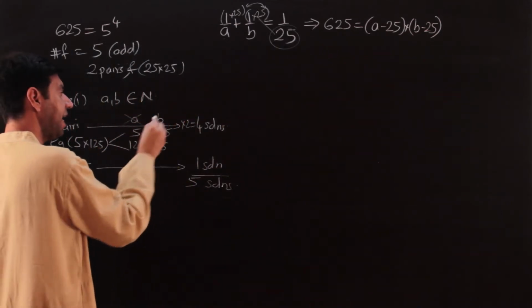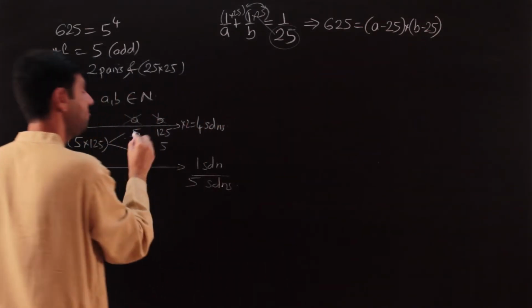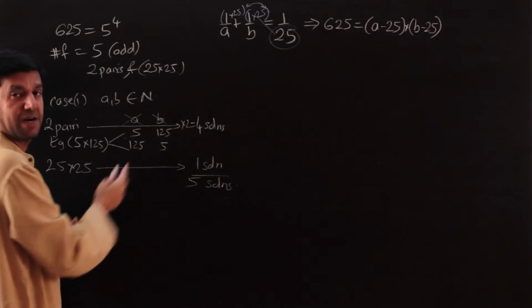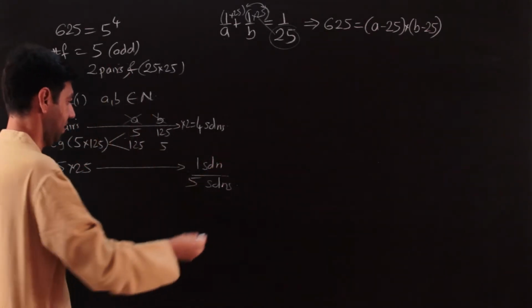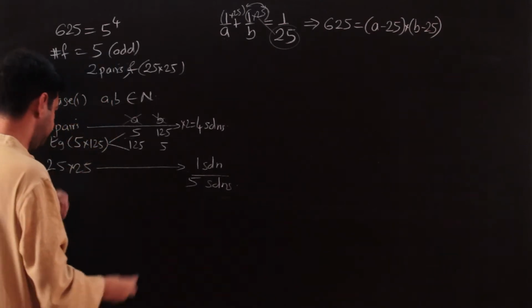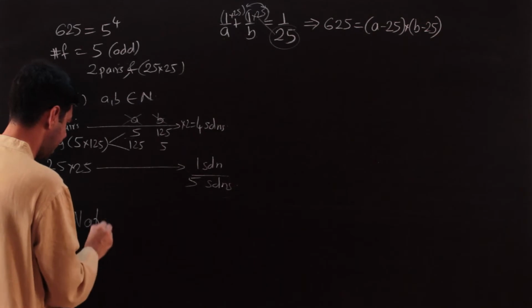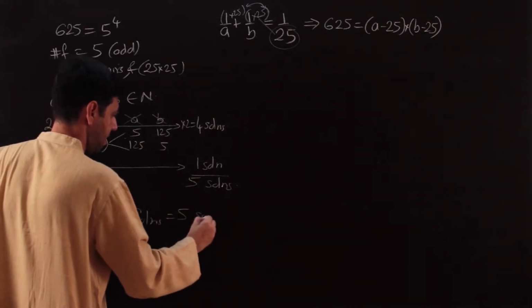I again repeat, a and b are not 5 and 125. Remember, a minus 25 is 5 and b minus 25 is 125. Those things should be in the background, but you don't really have to do all those. Nevertheless, for natural solutions, I have got 5 solutions.